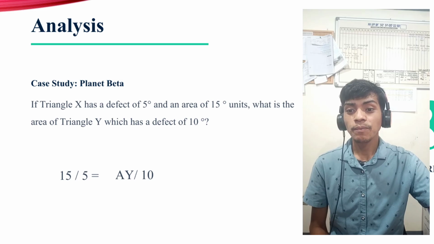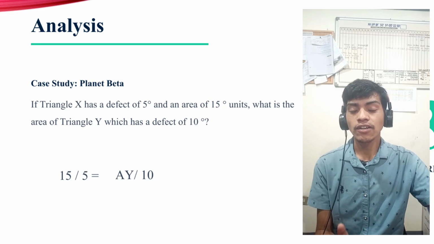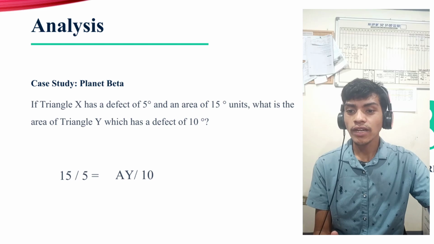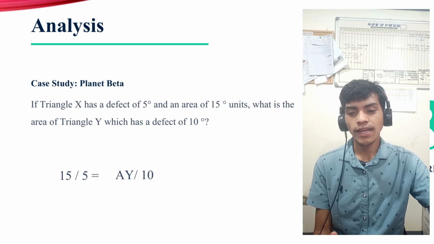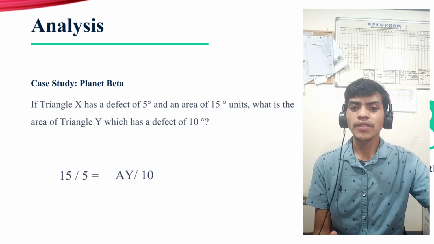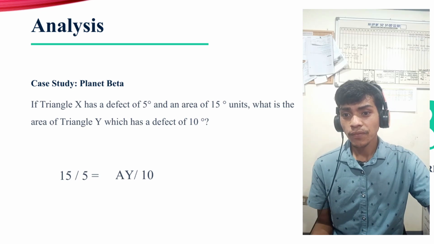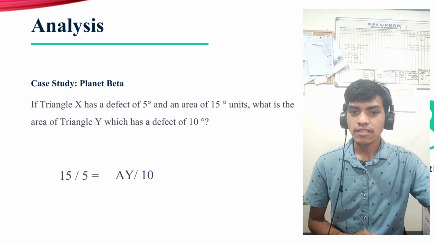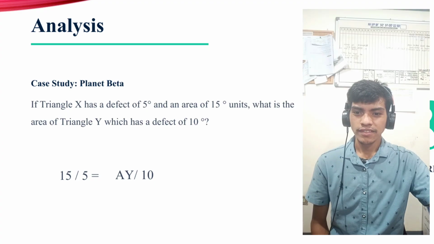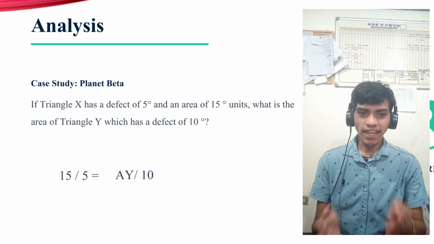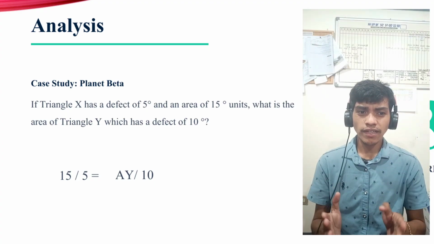So the abbreviation is, do not put the 1 here because it already has it. Okay, so the area of triangle Y on this planet Beta is 30 area units. Do you understand? So let's test your mathematical skills.